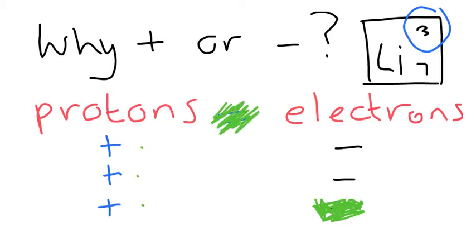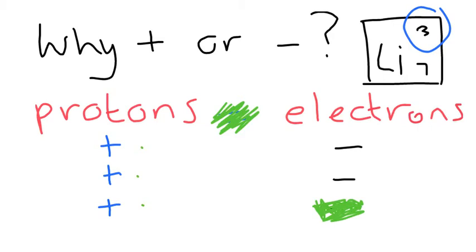If a proton cancels out a negative electron, this proton will be cancelled out by this negative electron, this proton by this negative electron, but this proton has nothing to cancel its charge out at all.